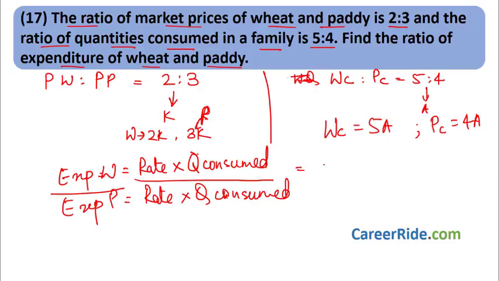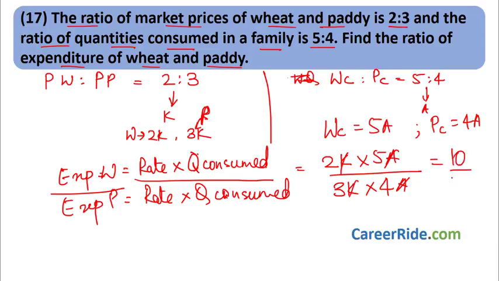The rate for wheat is 2k multiplied by the quantity of wheat consumed, 5a, divided by the rate for paddy, 3k, multiplied by the quantity consumed, 4a. This gets cancelled. What do we get? 10 upon 12, that would be 5 upon 6. So the ratio of expenditure of wheat and paddy is 5 upon 6.